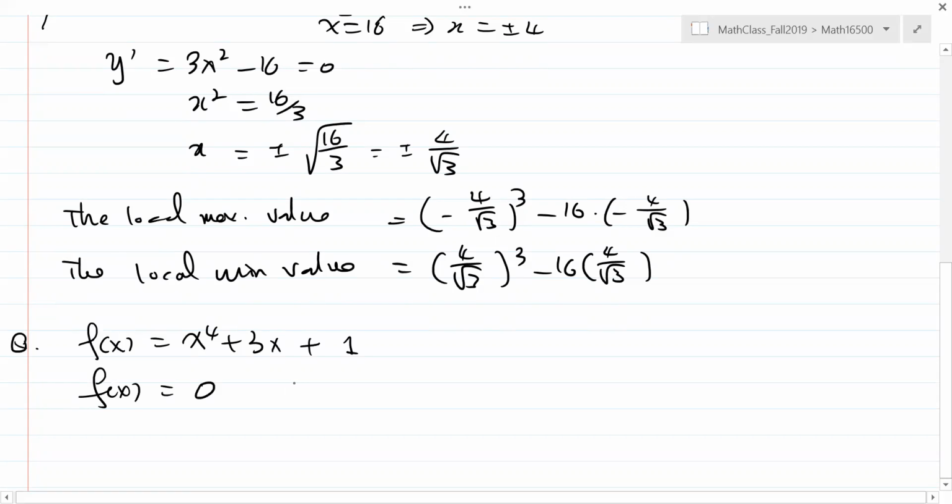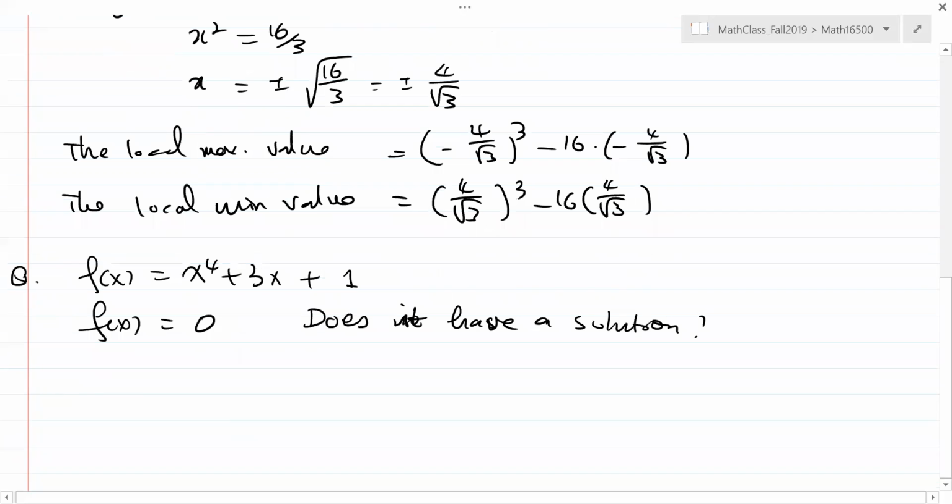Does this have a solution or not? Does it have a solution? And how can you estimate?